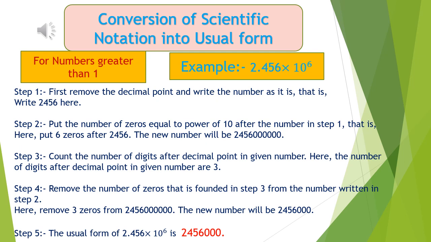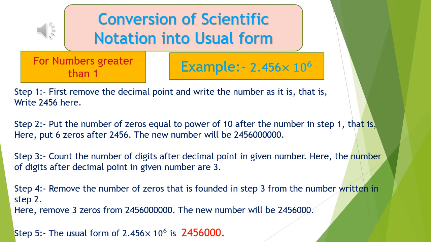First, I am taking a number that is greater than 1, and if your number is greater than 1, then in scientific notation, will the power be positive or negative? Remember, positive. So I am taking the example 2.456 multiplied by 10 raised to the power 6.